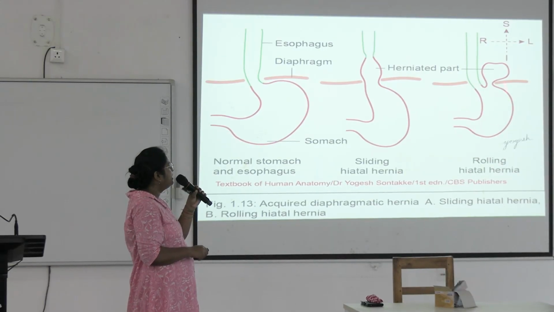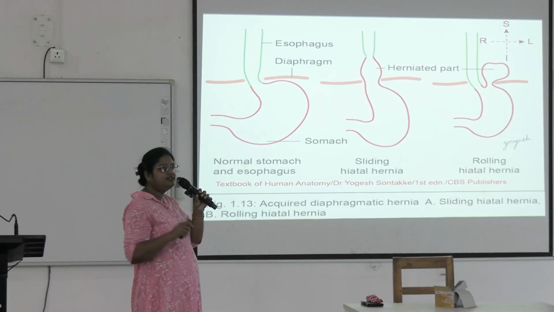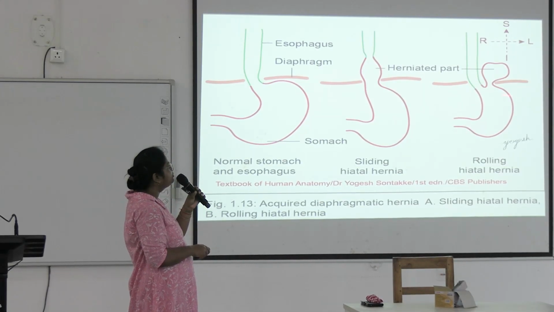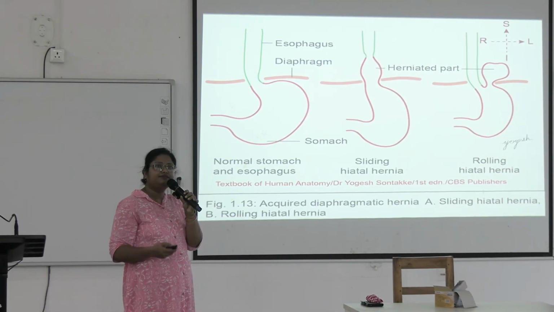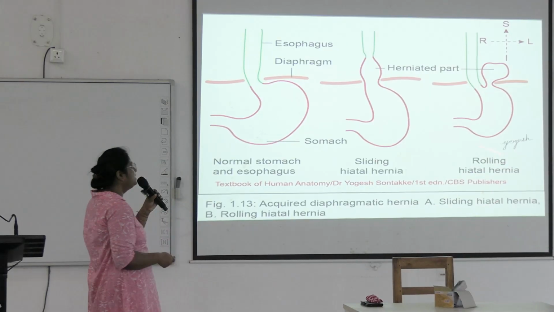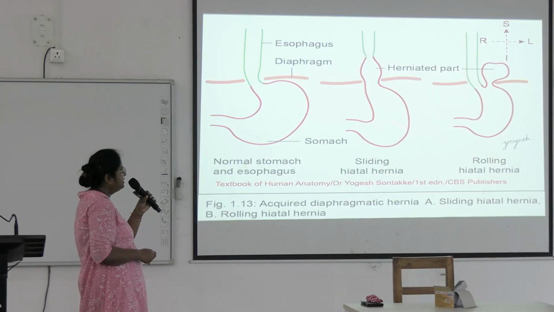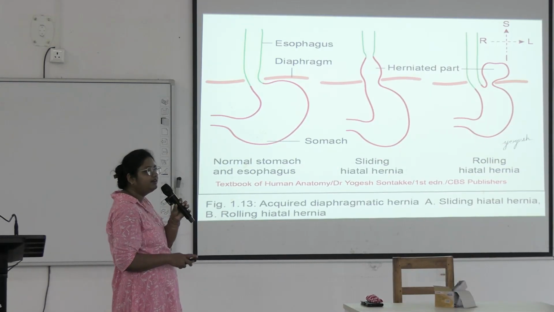And in rolling hiatal hernia, the gastroesophageal junction lies in its normal position, but the fundus of the stomach is pushed upward through the esophageal opening. See, the fundus of the stomach is herniating. So this is the difference between sliding hiatal hernia and rolling hiatal hernia.